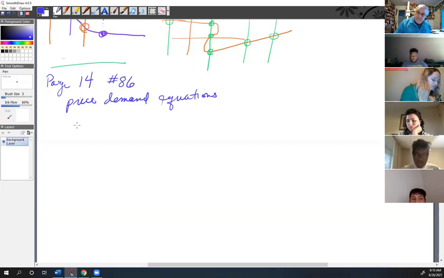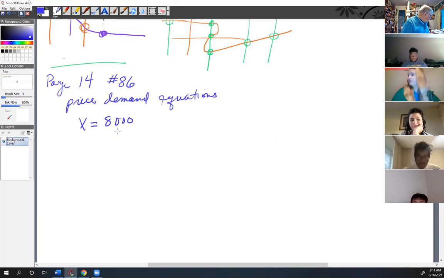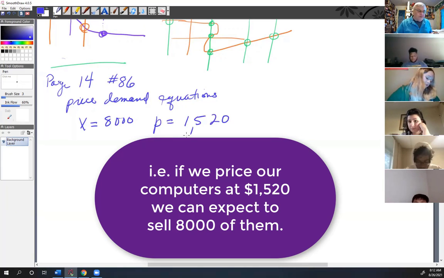This says that X is how many computers I'm selling. If I've manufactured 8,000 of those computers, the problem says the price is $1,520 per computer.